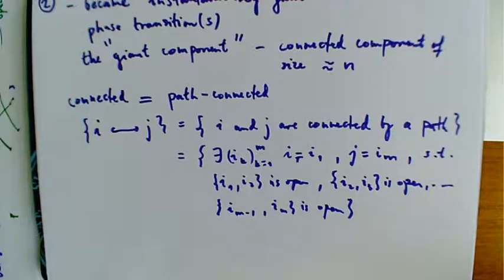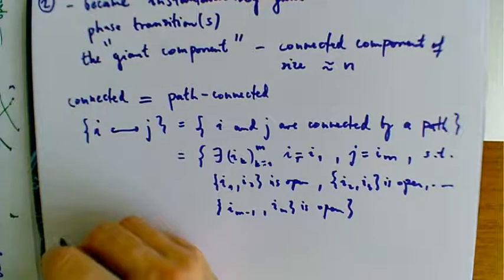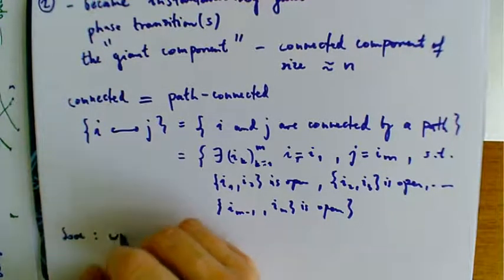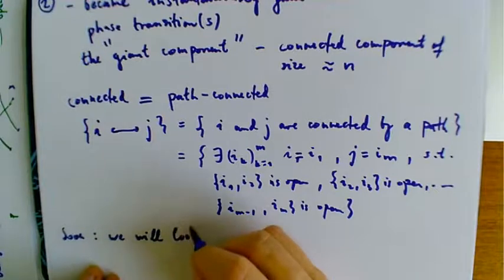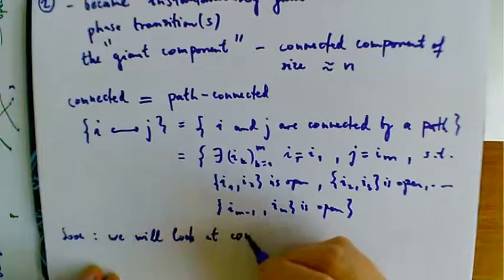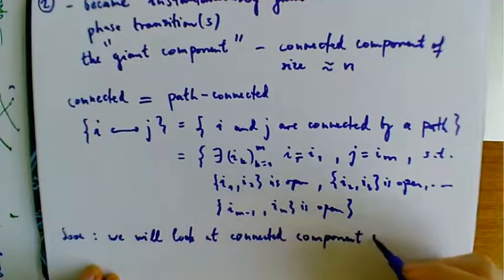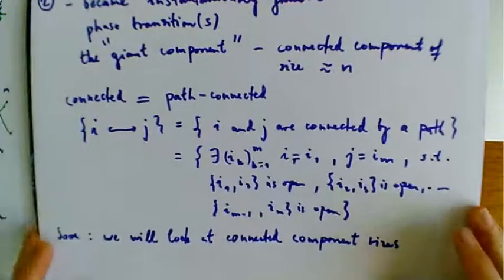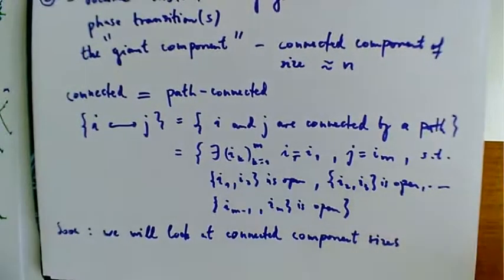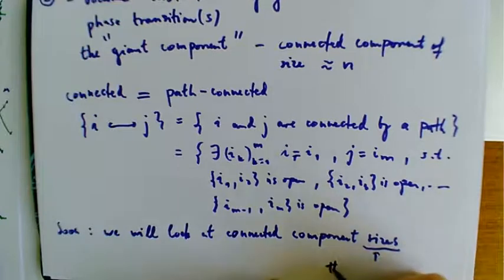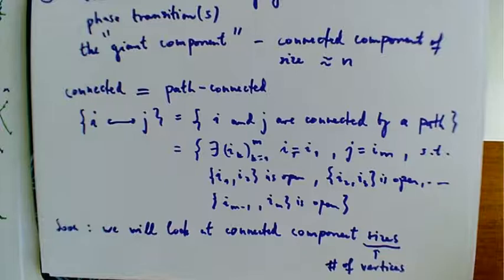You can arrange these sizes, so that's what we are going to do soon. So we will look at connected component sizes. And what do I mean by that? Well, of course, if you have a connected component, then you can count its vertices. So the size is the number of vertices inside of a connected component.